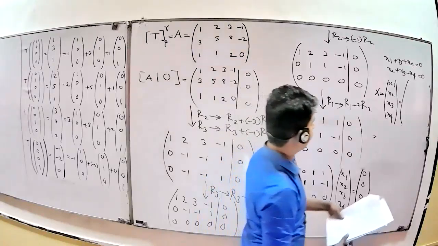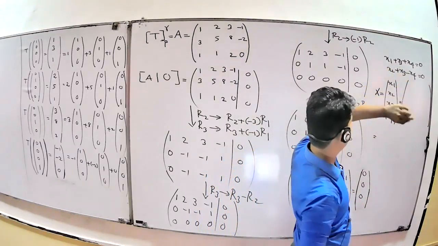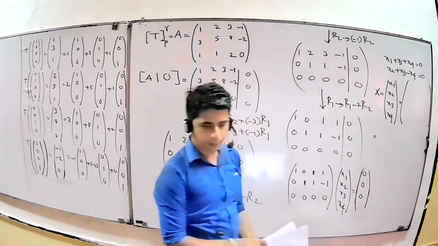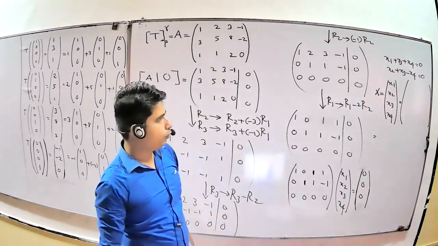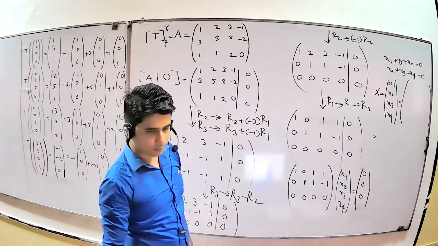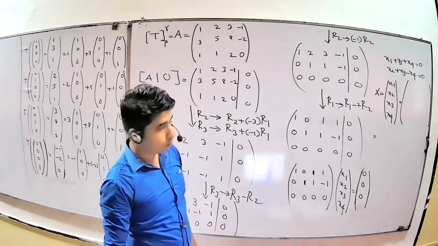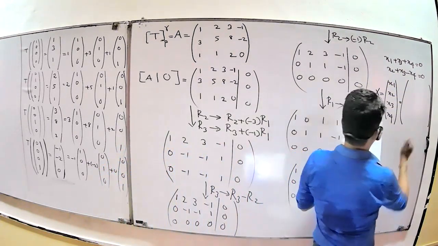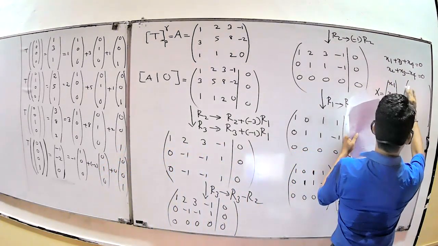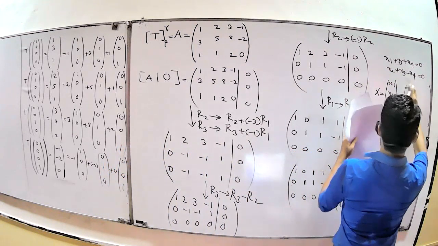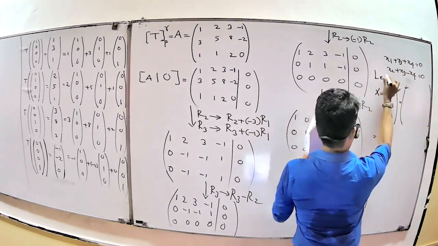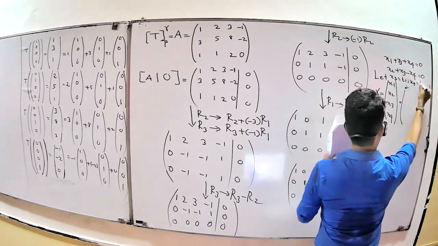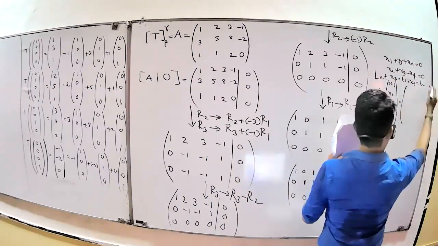Now you can write x1 in terms of x3, x4, and x2 in terms of x3, x4. Therefore, you take the parameters x3 and x4. You put x3 as one parameter t1, and x4 as the other parameter t2. Let x3 equal t1, x4 equal t2. There are two parameters.